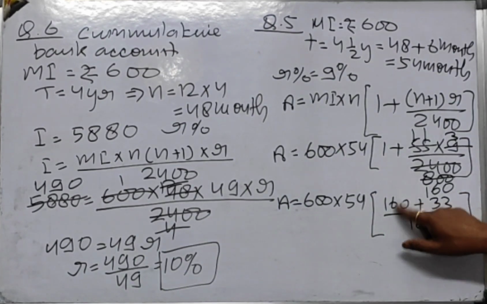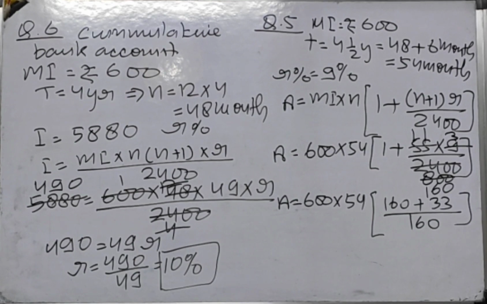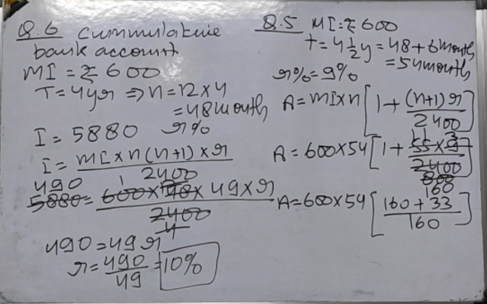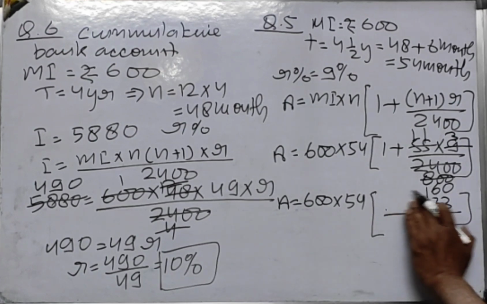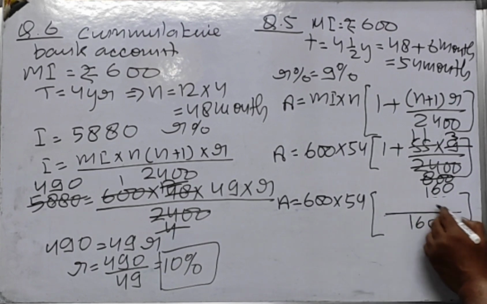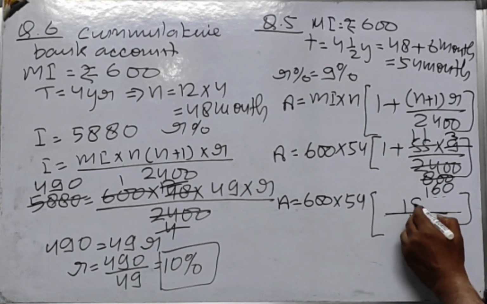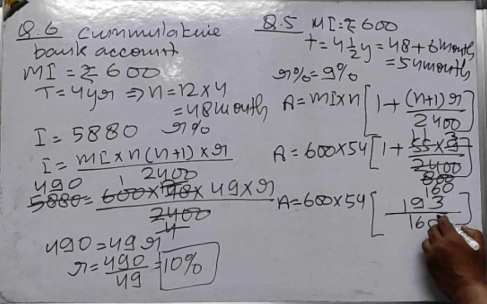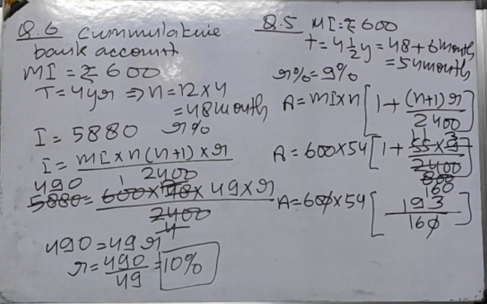So 160 plus 33 becomes 193. So I can write here 193, right? I remove this 0 and this 0.